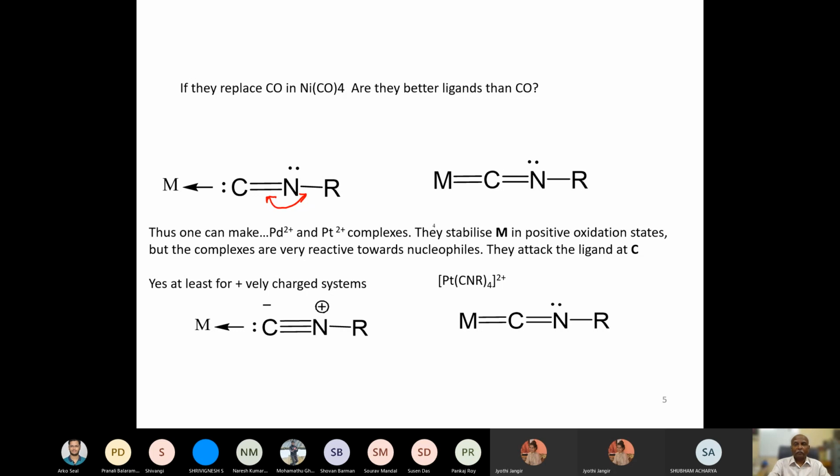But you will notice that the other resonance structure that this molecule can have is this form. The form where you have an N triple bond C, just like carbon monoxide. You had a C triple bond O, you have an N triple bond C, and now the nitrogen will have a positive charge. And you have an sp hybridized nitrogen that will lead to a linear form.